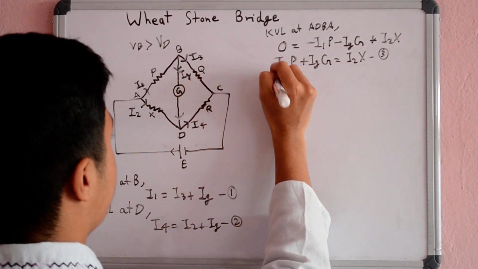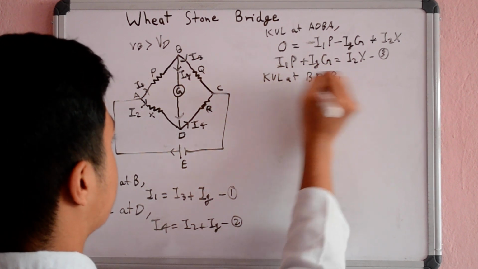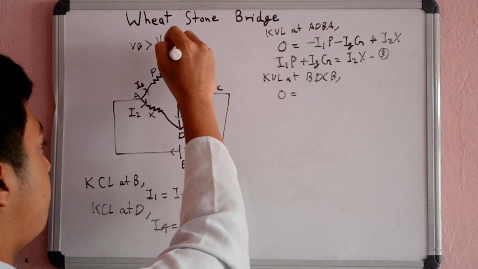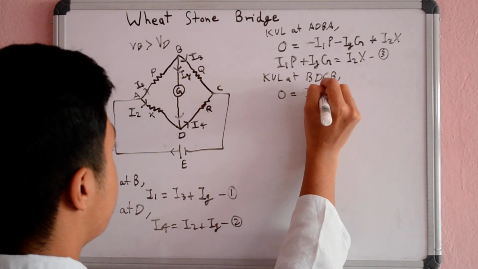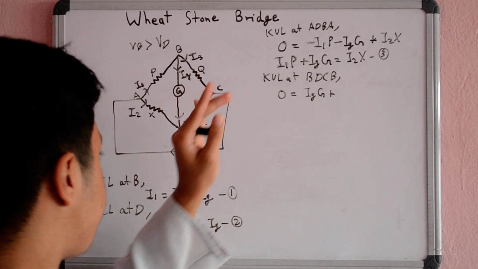Now again we can use KVL at the second loop BDCB. We get 0 is equal to, here if we're taking this loop, then this is anti-clockwise, so IgG plus, and here 0 because of the same reason, right?